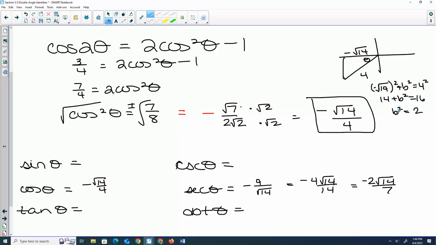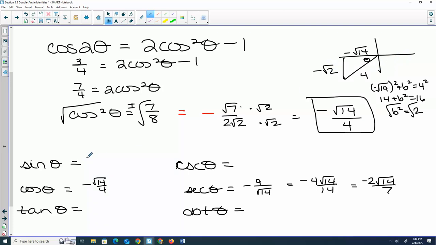Squared is 2. In the third quadrant, would this be a positive or a negative? You're going down, so it'd be a negative. So we get a negative radical 2. And so then you could get all the other trig functions just from that picture.